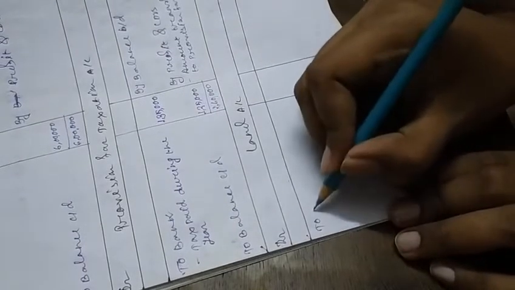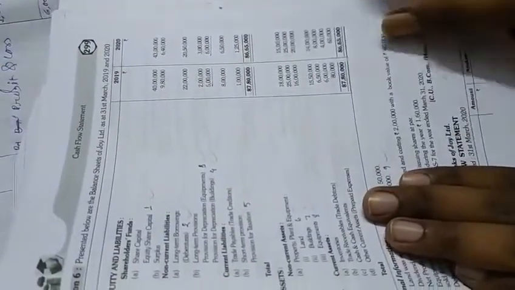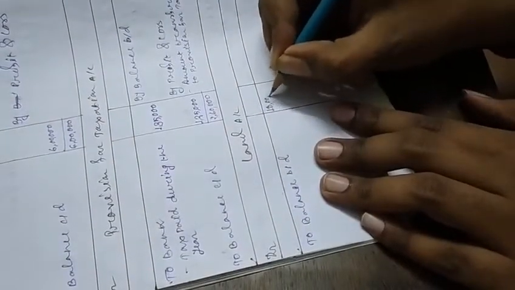Then comes the next one, that is to balance b/d. It is an asset, and assets have the opening balance on the debit side. So to balance b/d is 18 lakh, and the closing balance is 15 lakh.